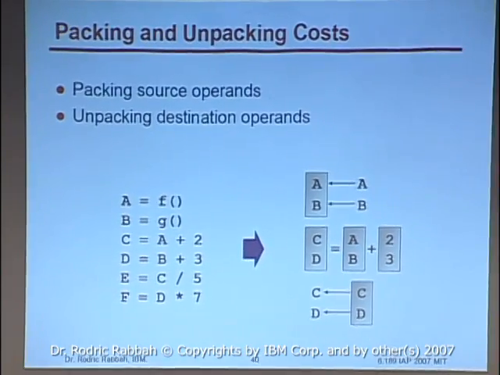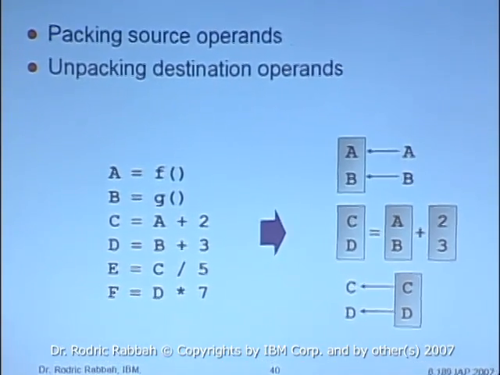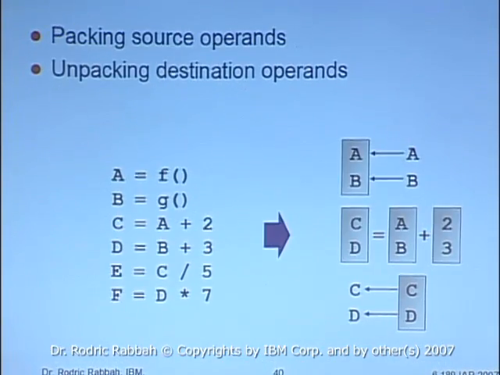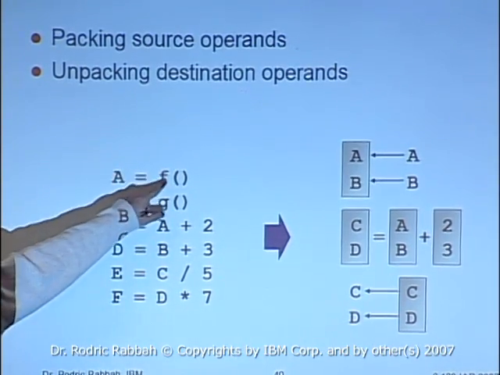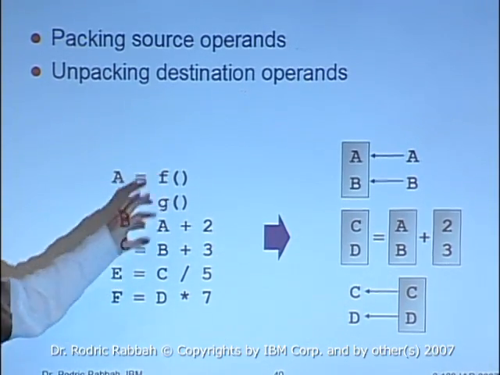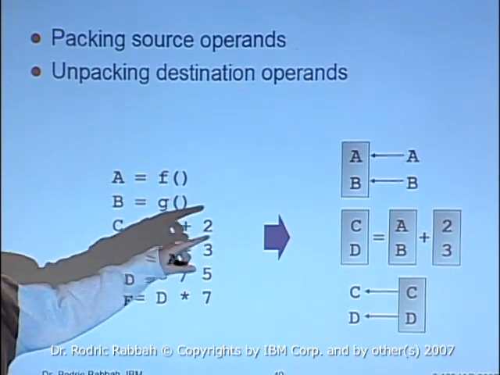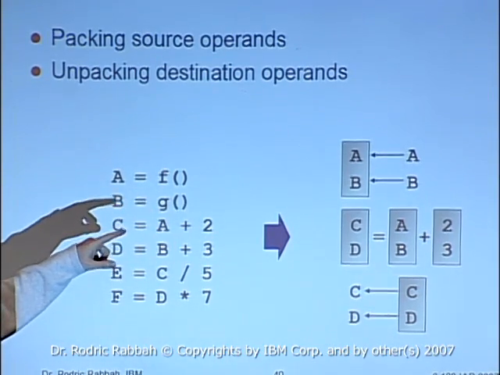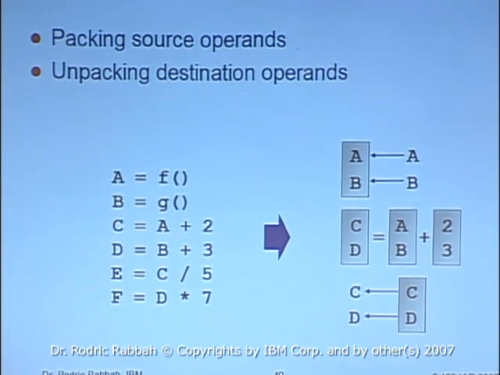Okay, so how do you actually do the packing and unpacking? And this is predominantly where a lot of the complexity goes. So you might notice, whoops, screwed up the animation. So the value of A here is initialized by some function, and the value of B here is initialized by some function, and these might not be things that I can SIMDize very easily. So what I need to do is move that value into the first element of the vector register, and then move the second value into the second element of the vector register.